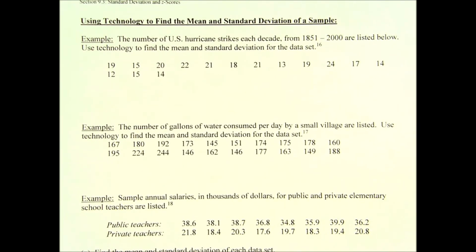The number of U.S. hurricane strikes each decade from 1851 to 2000 are listed below. We want to use technology to find the mean and standard deviation for this data set. This would be a pain to do by hand, plus there's not a lot of room there. Let's see how to do this using technology.